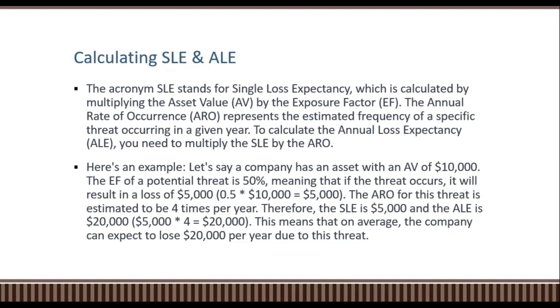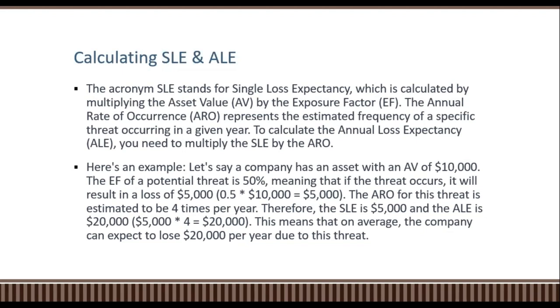So that exposure factor is 50%. Now, if a threat occurs, it will result in a loss of $5,000, right? So half of 10,000 is 5,000. And in order to calculate this, it would be 0.5 times 10,000, which when you do the multiplication, it'll come out to 5,000.